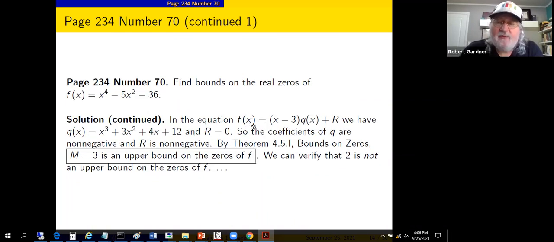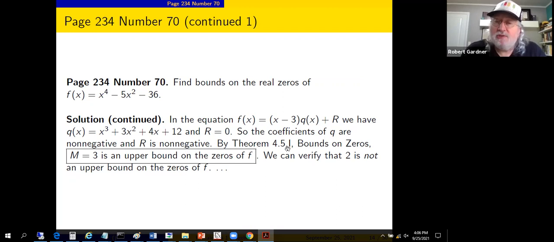So if we look at f of x written as x minus 3 times a quotient function plus a remainder, we have the quotient function is what we got from the long division with all those positive coefficients, and we had r equals 0. So what matters is the coefficients of q are non-negative and r itself is non-negative.